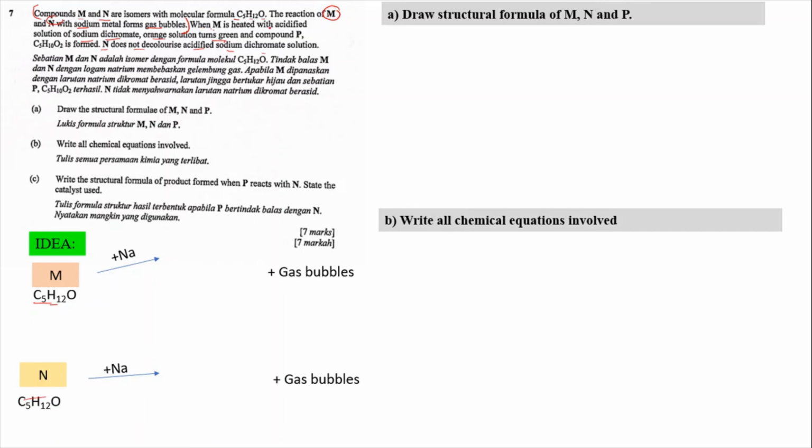When M is heated with acidified sodium dichromate solution, at high temperature and acidic condition, the orange solution turns green, and a compound P, which is C5H10O2, is formed.